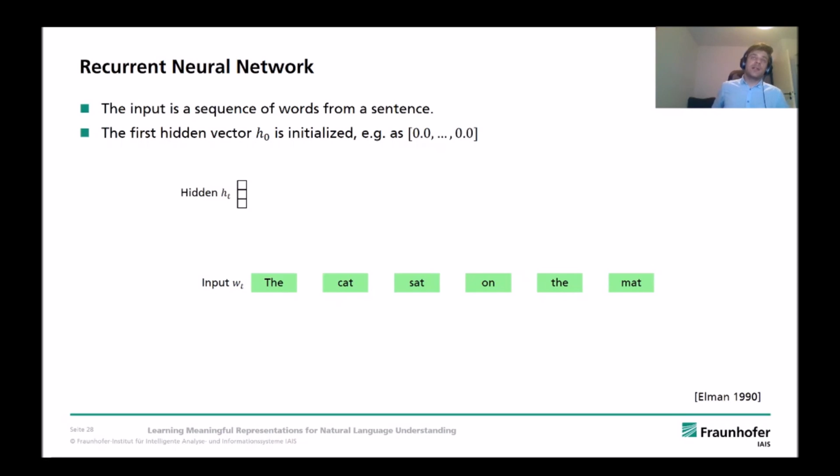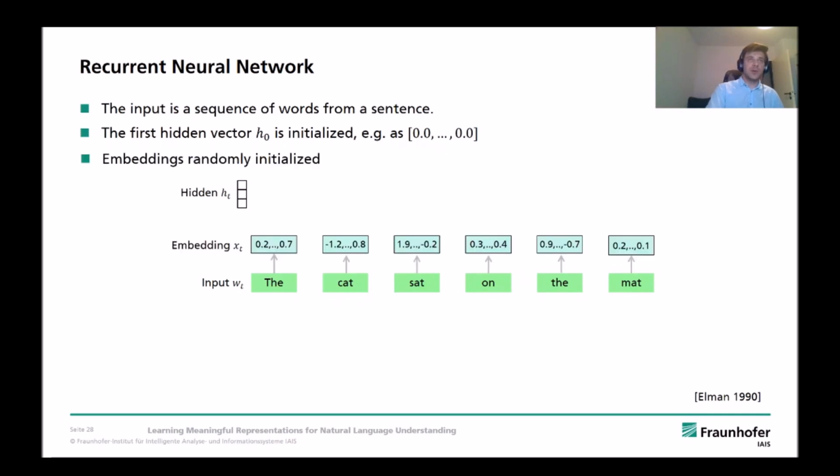So let's look at how this works with recurrent neural networks. In the beginning we have a hidden vector which is initialized to zeros. And we have, for example, randomly initialized embeddings. But these could also be BPE embeddings or Word2Vec embeddings for each word. Now we're going to input the hidden vector and the first embedding vector into our recurrent neural network.